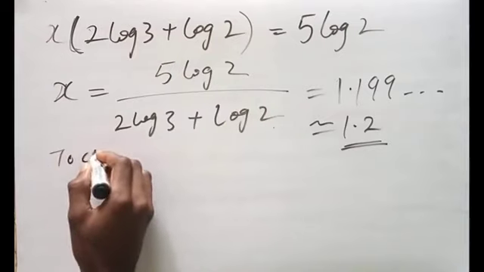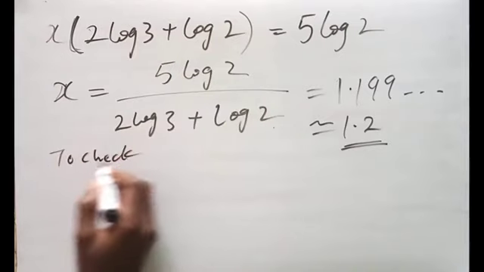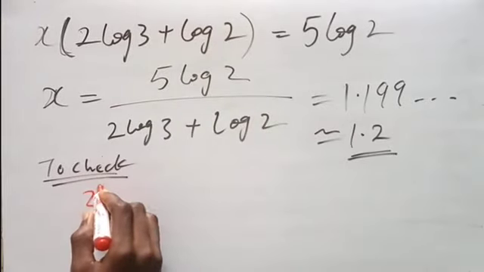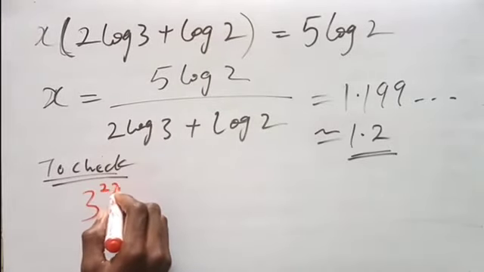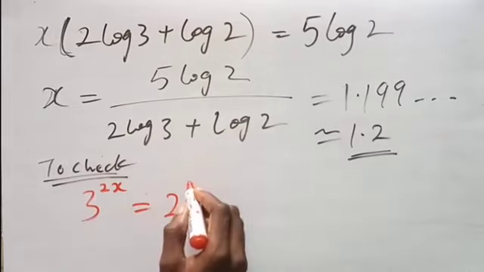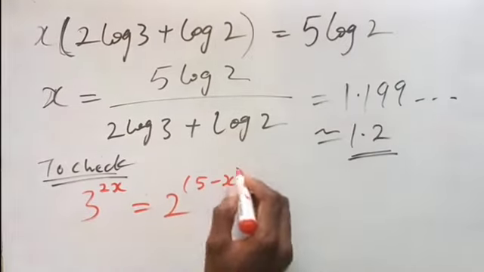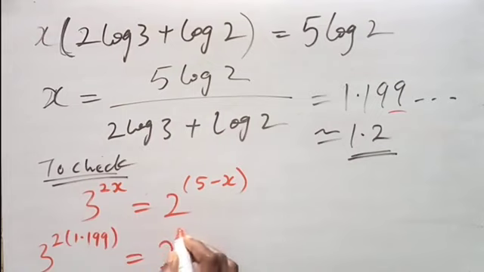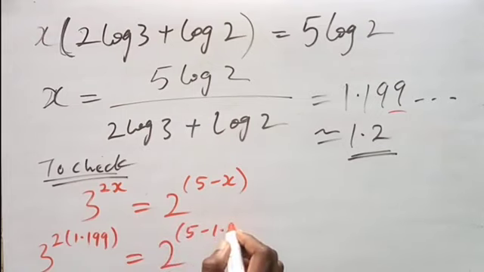To check, our equation is 3 raised to power 2x equals 2 raised to power 5 minus x. By using this, we will have 3 raised to power 2 into 1.199 equals 2 raised to power 5 minus 1.199.